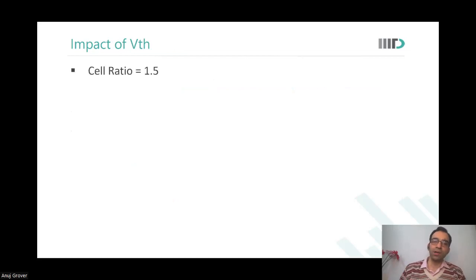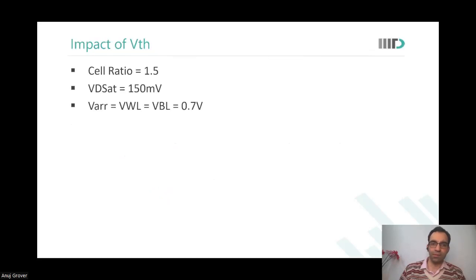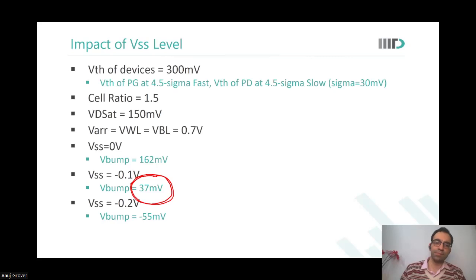Okay. So, sir, I have a question on that. Can you go back to the previous slide for VSS? When I was doing this, I coded the equations in Python and then I was entering the values. For minus 0.01 VSS, I was getting a very negative value. So, sir, for V bump I'm getting in the order of 0.007 something, and then for having a negative VSS, I get minus 0.5.